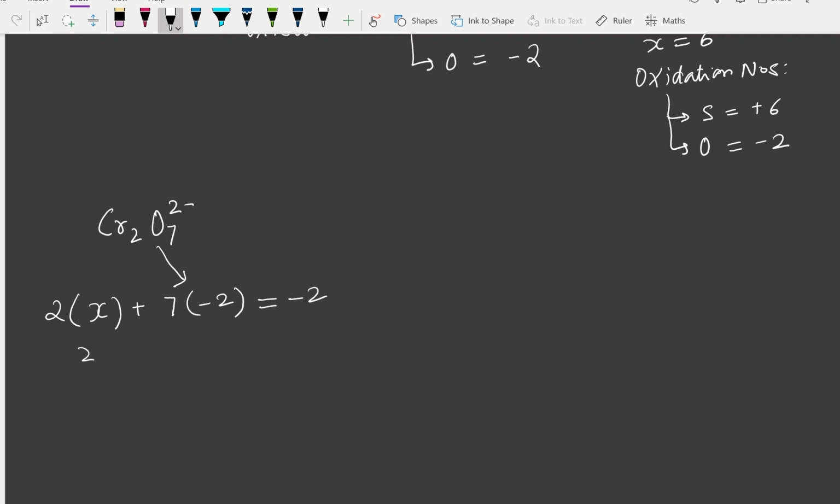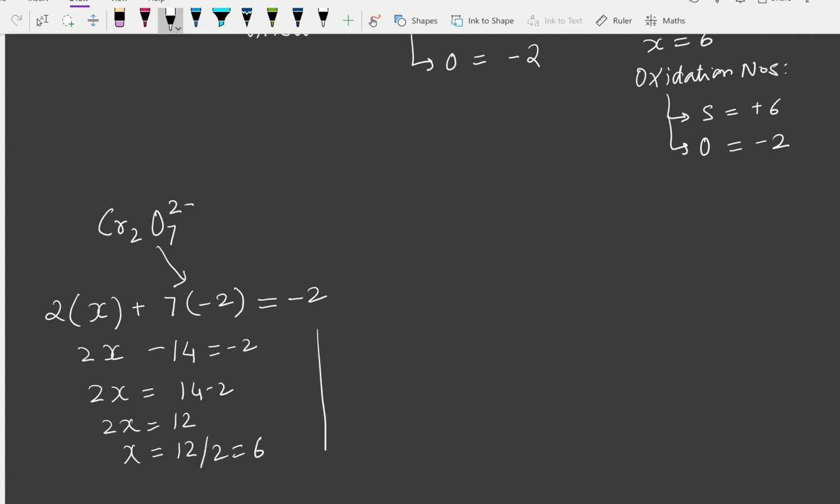Once again, I'm going to solve it for my X, and I get 7 into -2 is -14 equals -2. So this becomes 2x equals 14 minus 2. So 2x equals 7. Sorry, what am I doing? 2x equals 12 and x equals 12 divided by 2, which is 6.